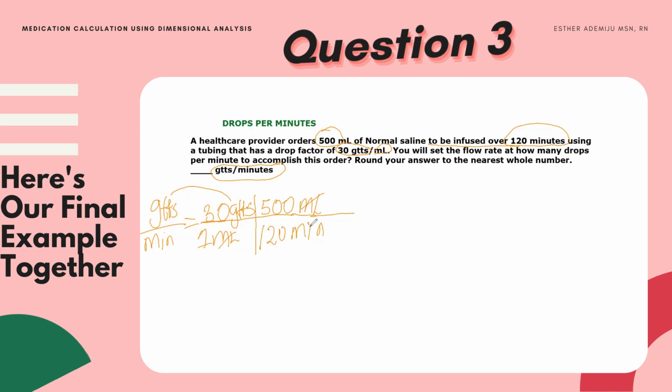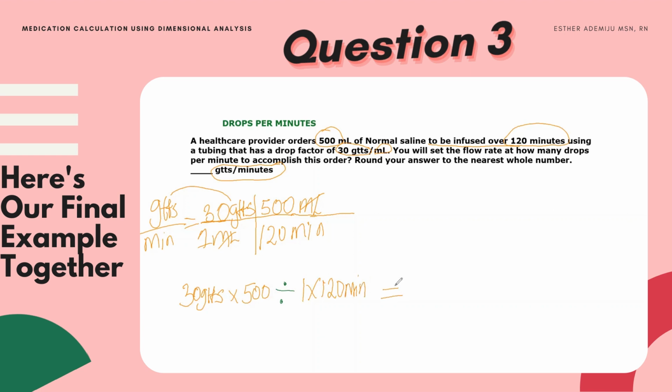So what we're going to do is go ahead and multiply across and divide. So we have 30 GTTS multiplied by 500 and divided by 1 times 120 minutes.